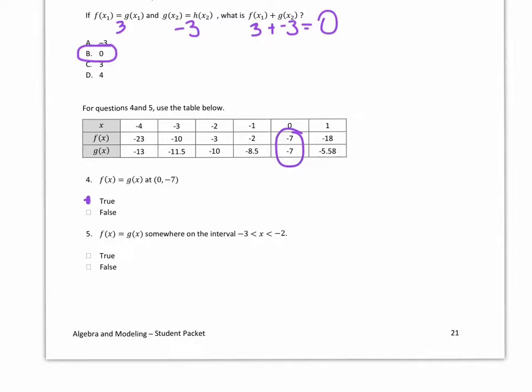So let's look between x being negative 3 and negative 2. Do you think there's a possibility anywhere between those 2 points that they could be equal? So I'm looking between the numbers, and here's the thing. If I look between negative 10 and negative 11.5, there's no way f of x could be equal to that, so that's going to be false.